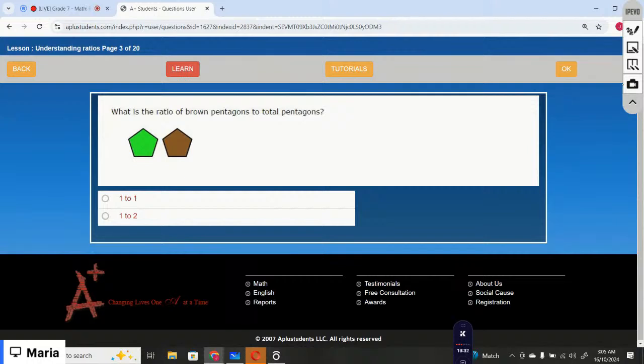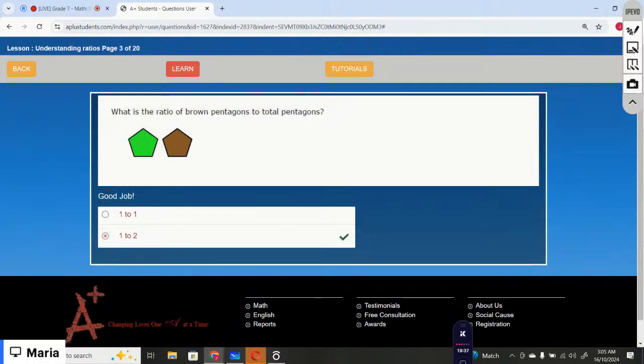So that is 1 to 2. Option number 2 is the correct option. That is 1 to 2.